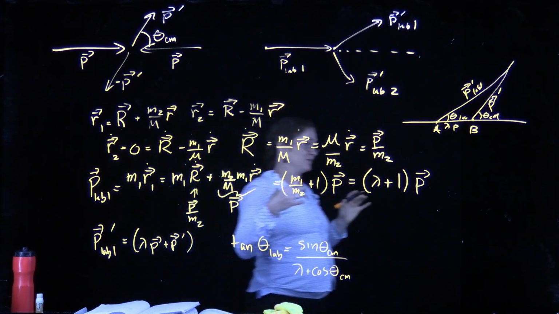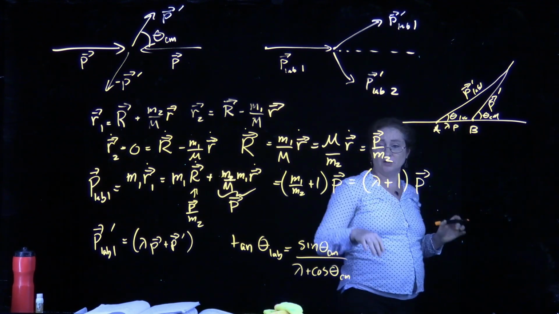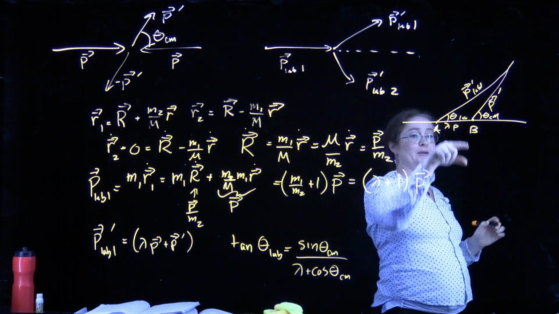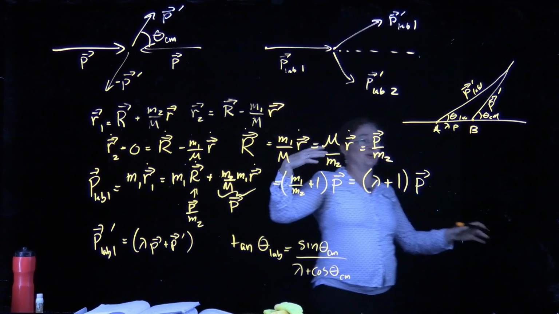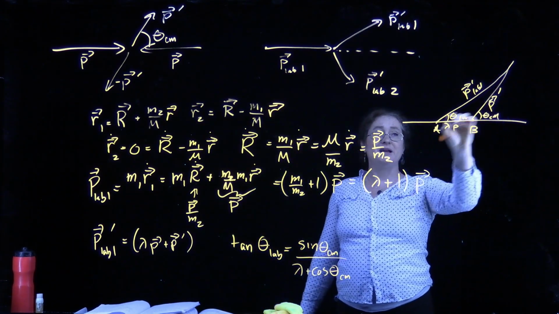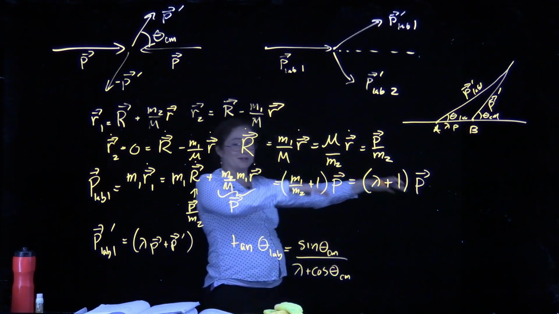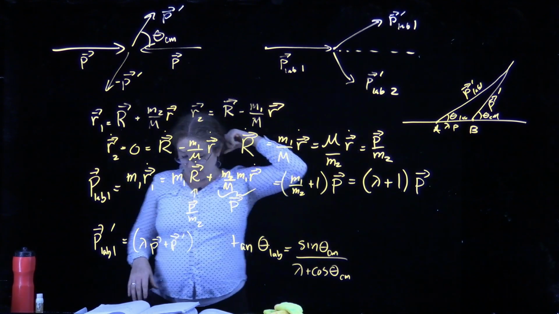So the whole system is going this way. That's the momentum of the system. And so you add that to the momentum in the center of mass frame, it's always going to be pointing more towards the direction of the incoming projectile.